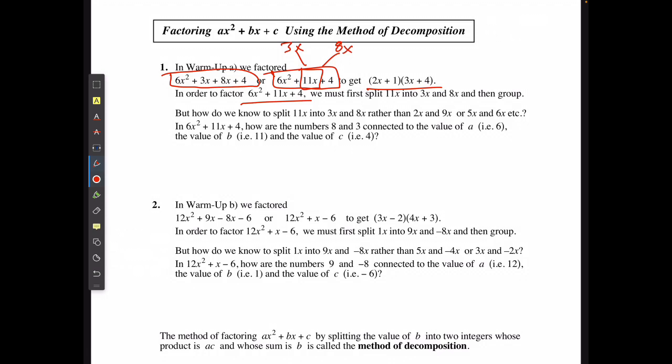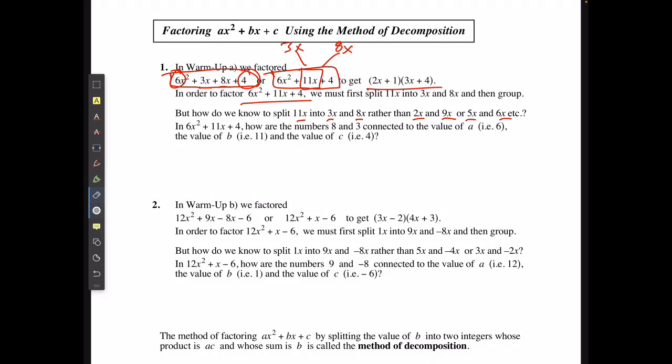How do we know to split the 11x into the 3x and 8x rather than 2x and 9x or 5x and 6x? Well, when I'm doing the 3x and 8x, they need to multiply to the same thing as the 6 and 4.